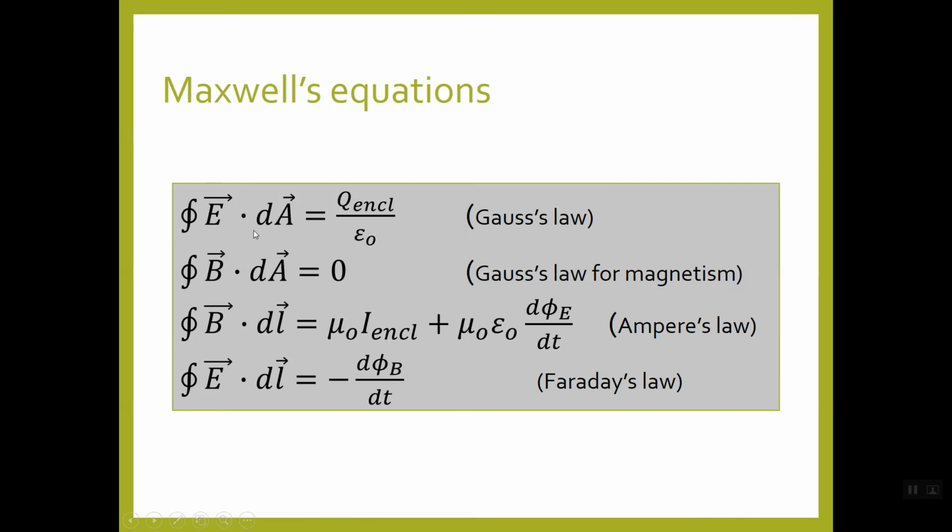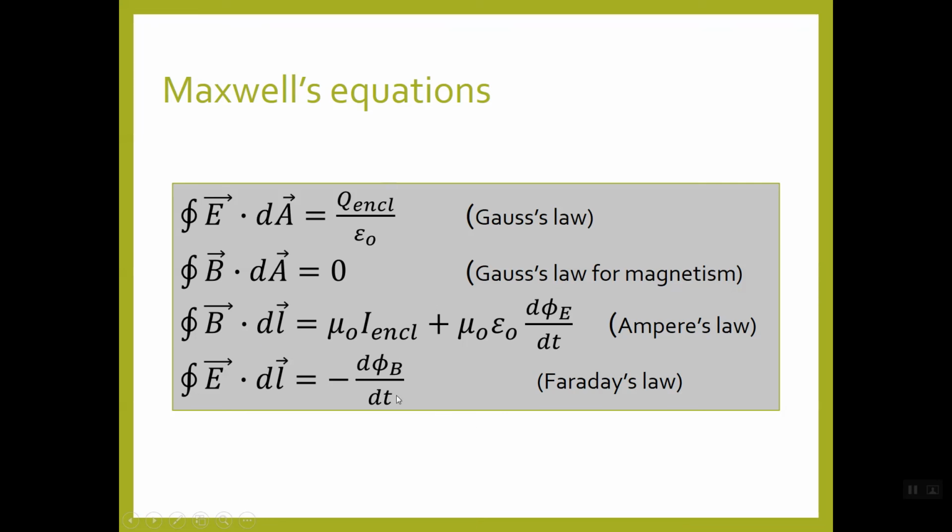The equivalent for magnetic fields, the magnetic flux through a closed surface is always 0, so that's no magnetic monopoles. And then we have Ampere's law, but modified, right? You have a current or a changing electric flux produces a magnetic field, and Faraday's law, a changing magnetic flux, gives you an electric field.